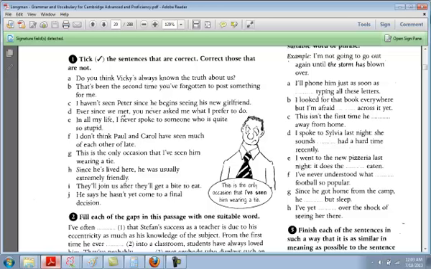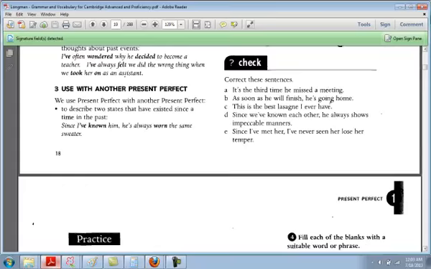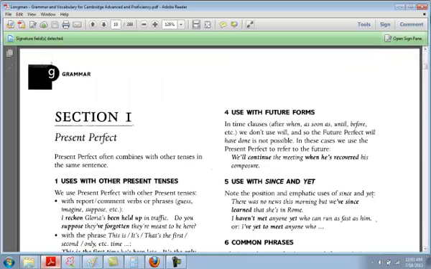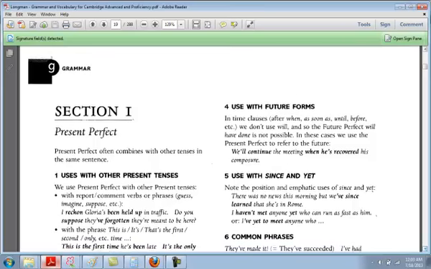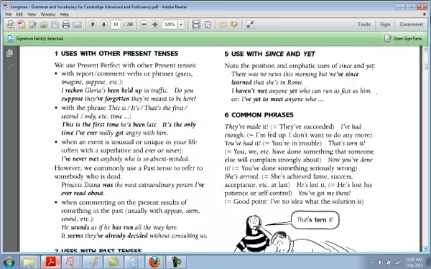Let's see where we can use present perfect with present tenses. Also, we have present tenses with present perfect with reporting comments, verbs, or phrases. Okay, I reckon Gloria has been held up in traffic.